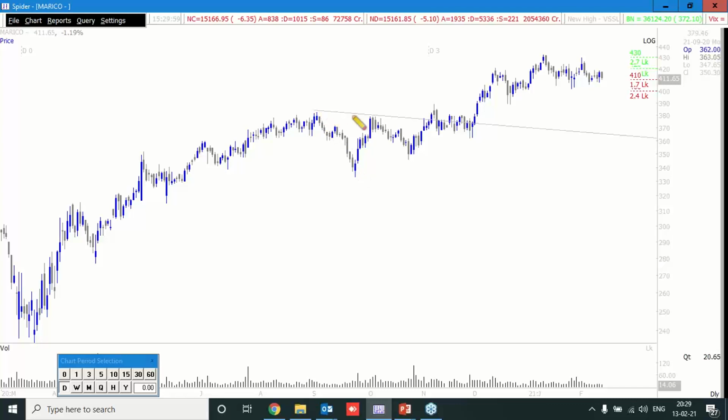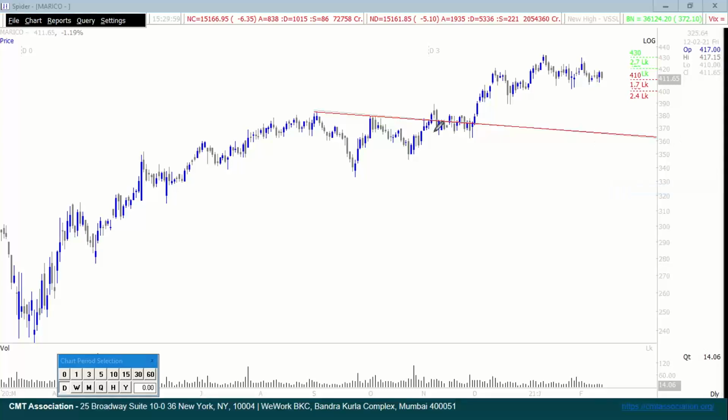So I'm starting from this, and then this is the second high, and by joining these two points I'm getting this red color resistance line. But after this line broke out, ideally the prices should have gone up, but that did not really happen, and the stock was moving sideways in a tight range, just back and forth above a trend line.